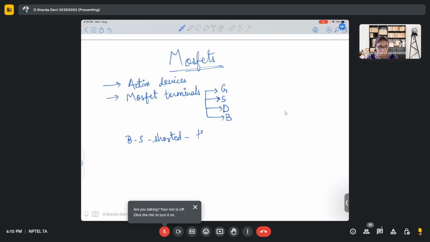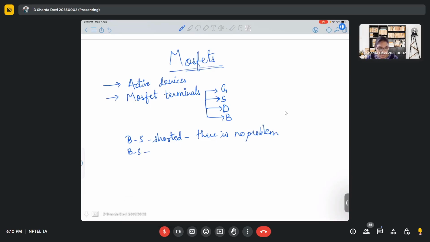So when body and source are shorted, then there is no problem. But when body and source are not shorted, then this leads to a new voltage between body and source. We call it VSB, and it basically leads to a change in threshold voltage.